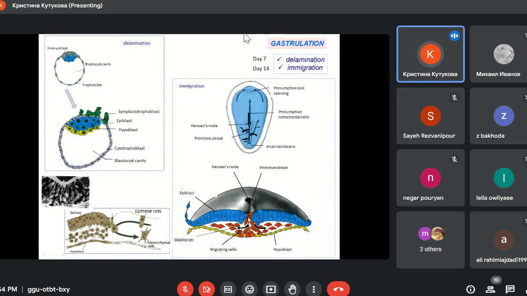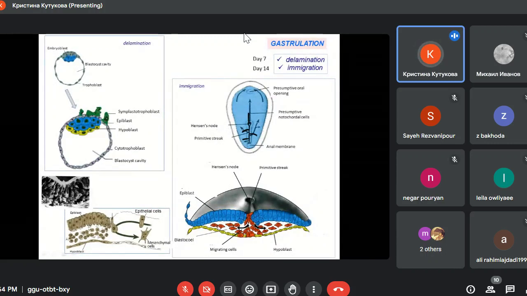Some of the cells go downwards and they are inserted between the cells of the hypoblast. They are here. So, as a result, we will have a three-layered embryo. It will be composed of three layers, 1, 2, 3.